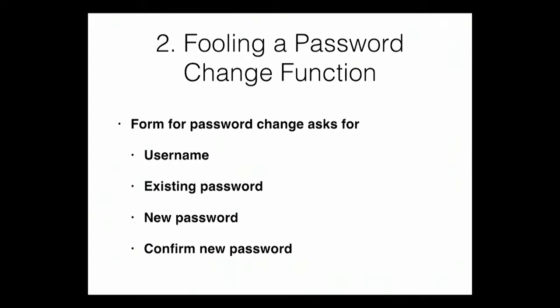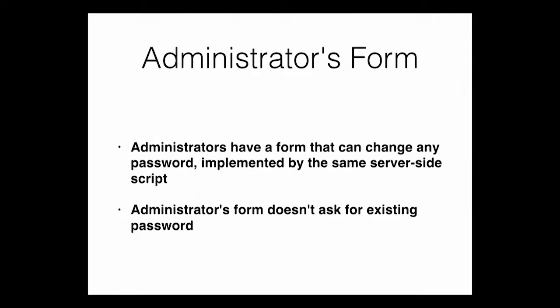So here's another one. There's a password change function, the usual kind. If you click password change while you're logged in, it will ask you for your username, existing password, new password, and confirm new password, and send all that to the server and change your password. And that's normal. The problem is the administrator also needs to be able to change your password. And the administrator's form just asked for the new password, but of course not the existing one. And they chose to reuse the same code for the administrator's password change.